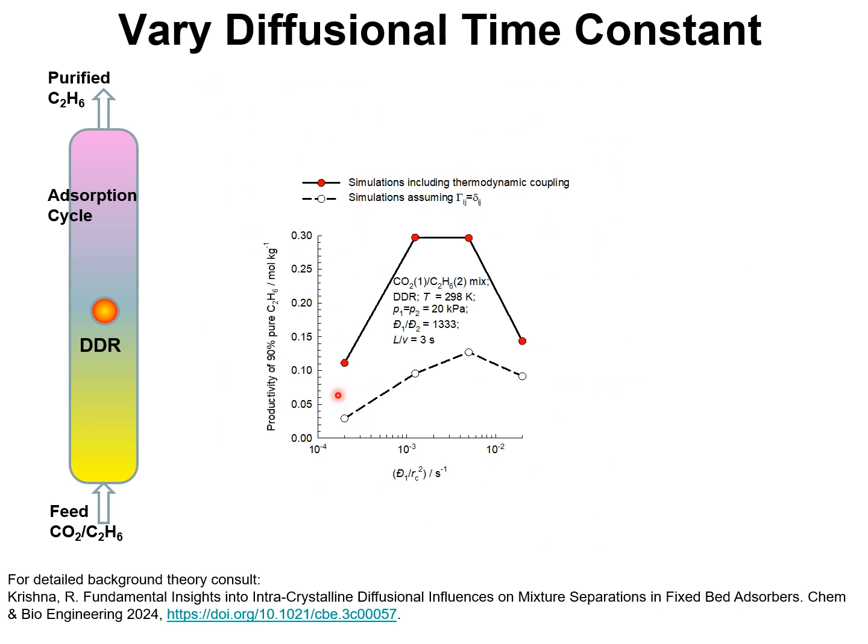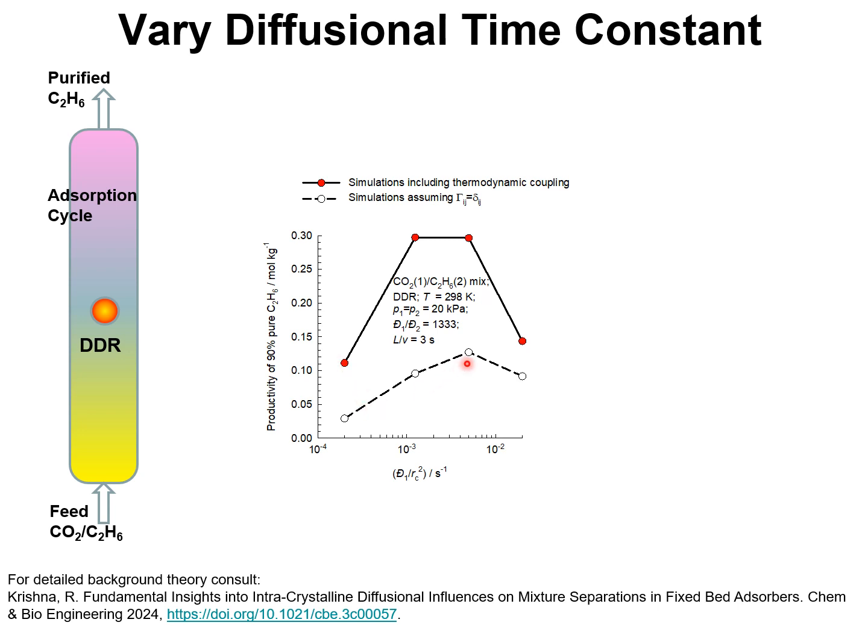From the breakthrough simulations shown on the previous slide, we can determine the productivity of purified ethane as a function of the diffusional time constant. The dashed lines are the predictions of the LDF model, and the continuous solid lines are the predictions of the Maxwell-Stefan formulation, taking due account of thermodynamic coupling.